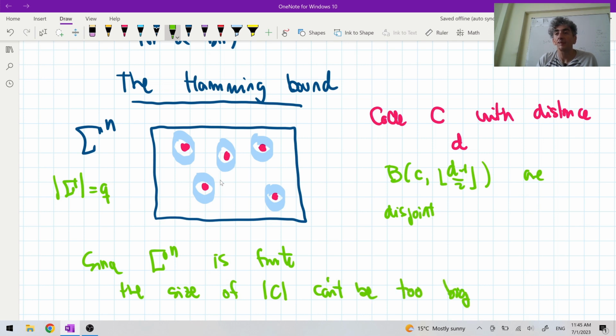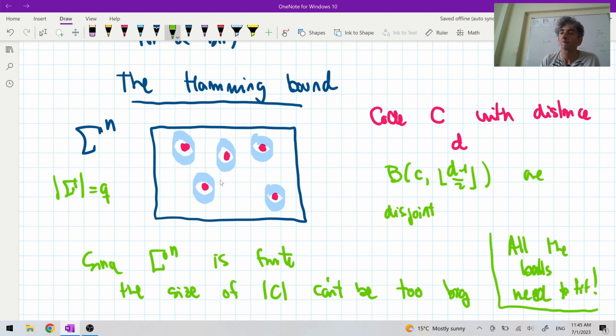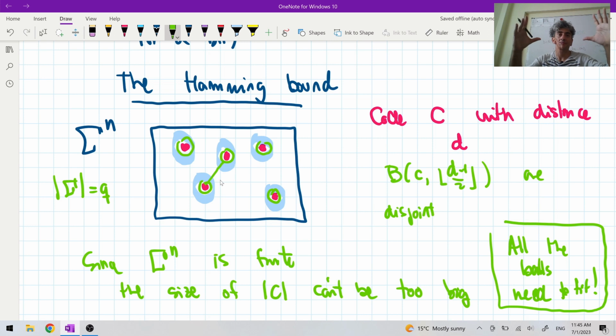That is, all the balls need to fit. So there is a trade-off between the minimal distance and how many balls we have. Why? Because the balls have volume. All the balls need to fit inside sigma to the n.